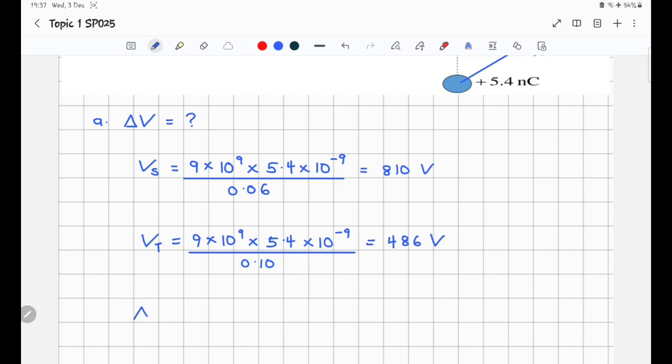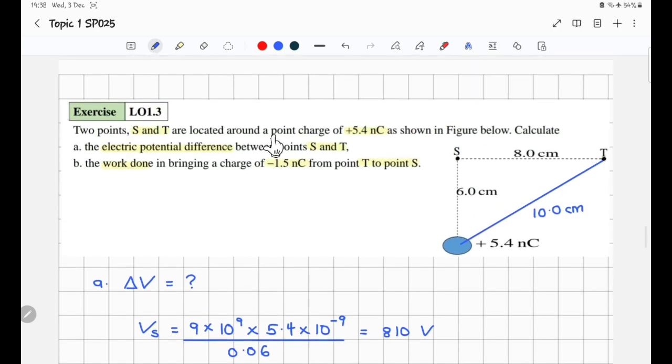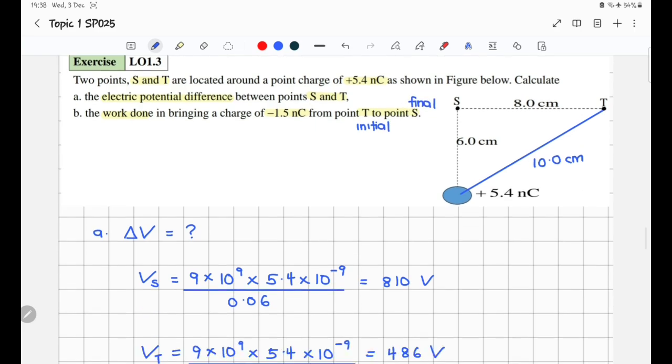But to get the potential difference, since the question used the word between, it doesn't matter if you want to take Vs minus Vt or the other way around. However, question part B has specified that the motion of the test charge is from T, which will act as the initial, to point S, which will act as the final.